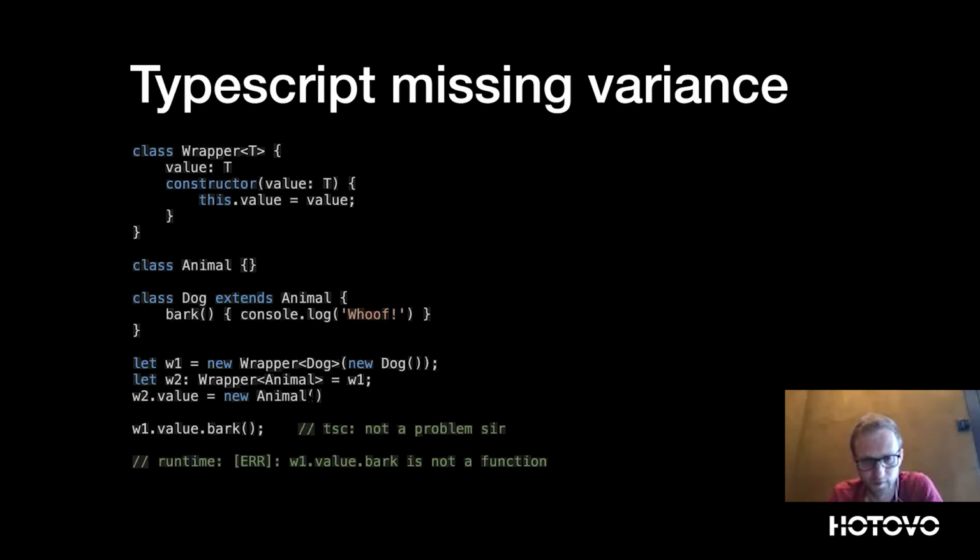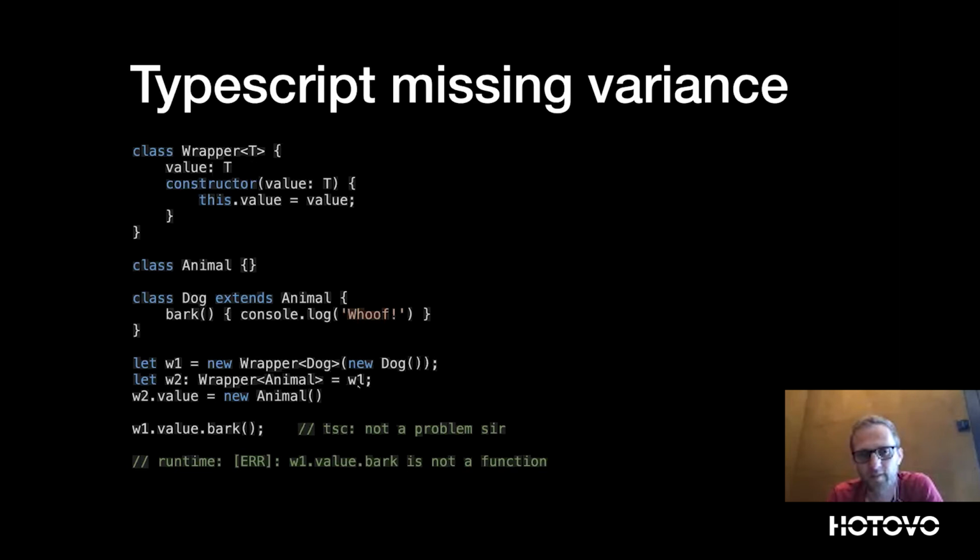Now, due to the lack of variance, I can create a wrapper of animal and assign it the wrapper of dog. So far, so good. Now I can replace the value with a new animal.